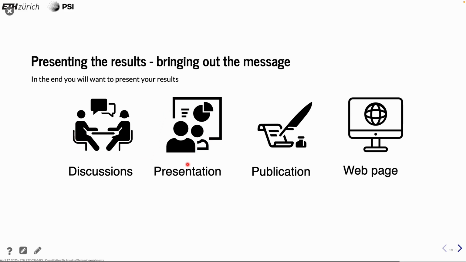If you're doing a presentation, you have to assume less from your audience, and therefore you need to make much clearer plots. Also for publications, you need to be even more clear, same as for web pages. So the target of your plot must be a design criteria for what you show and how much information you present.